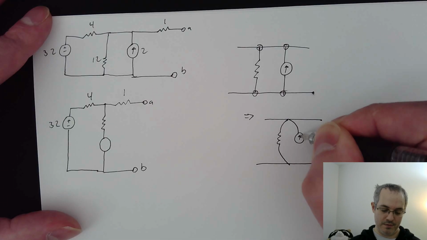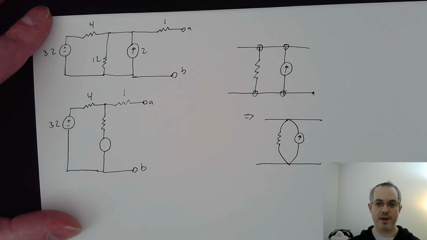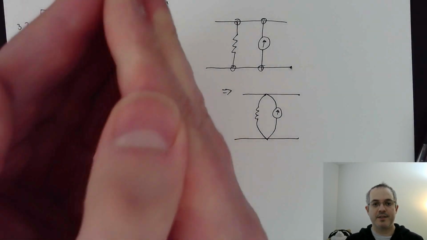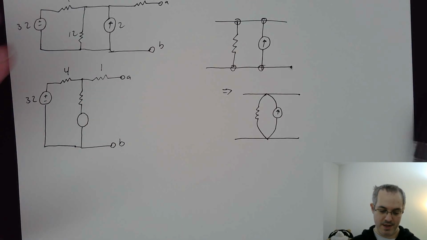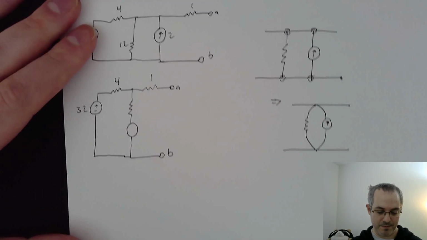Like this. You could do that. And then maybe you can kind of see it as, they're parallel, and then they become series in one line. All right, that's kind of what's happening there.